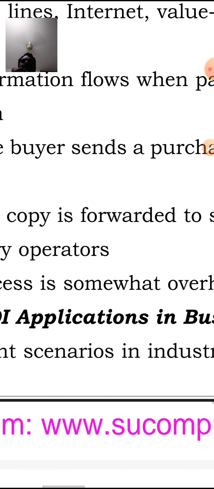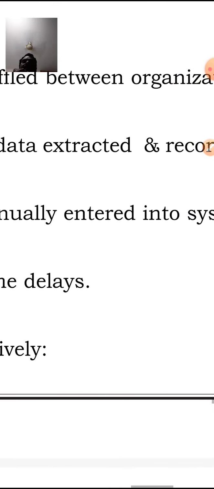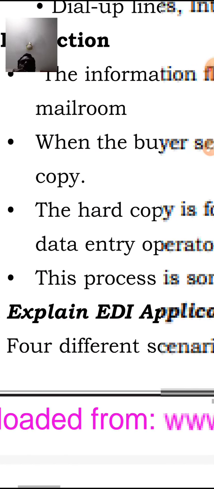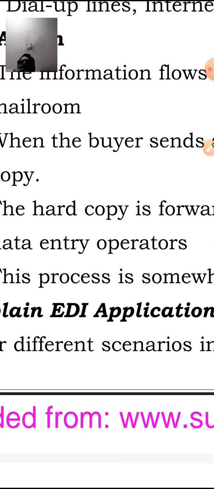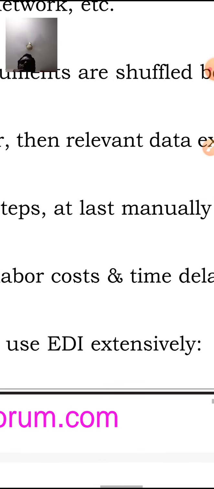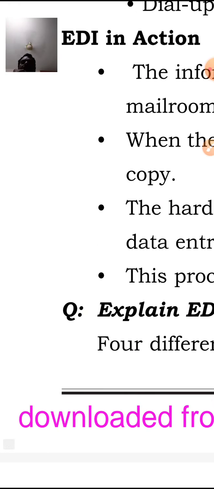So when the buyer sends a purchase order, the relevant data is extracted and recorded on a hard copy. From that purchase order, the relevant information is copied and stored in a physical manner also.